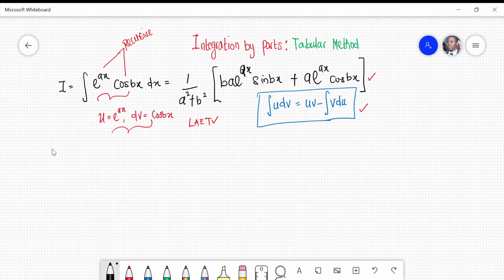So let's just plot the table. So we have u, and then we have our dv. My u is e to the power ax, and my dv is cos bx.